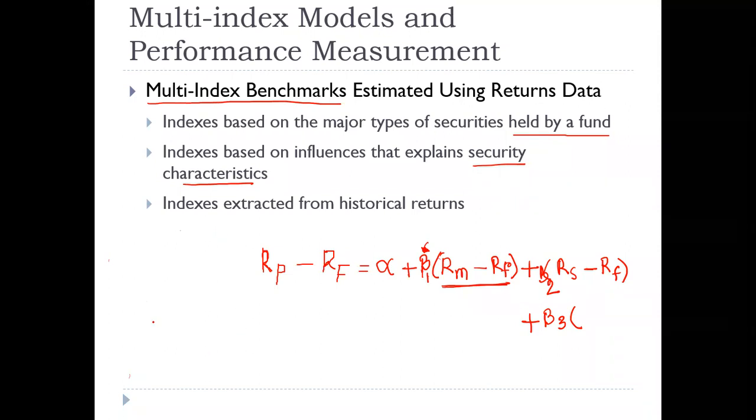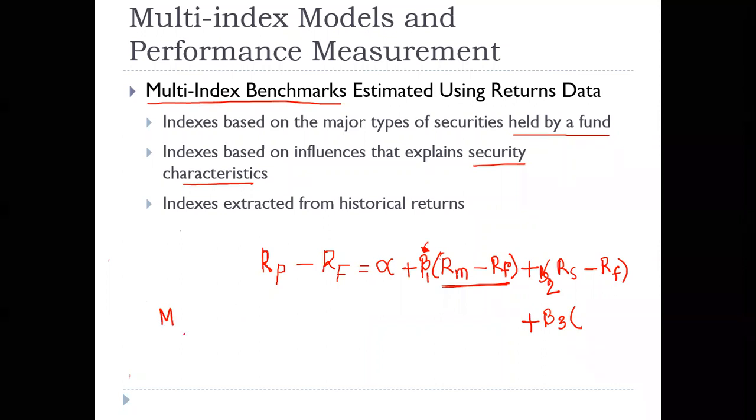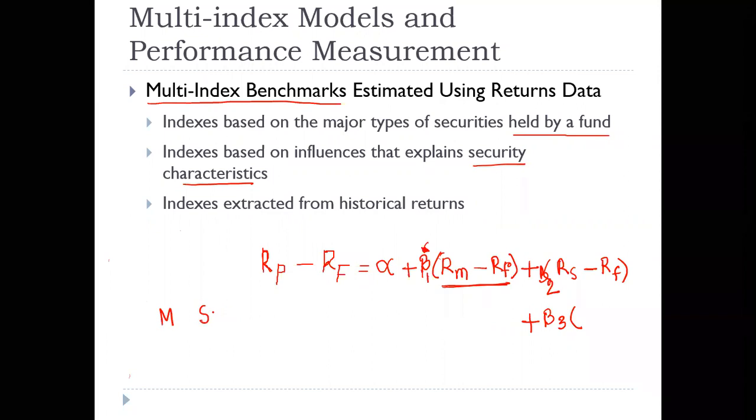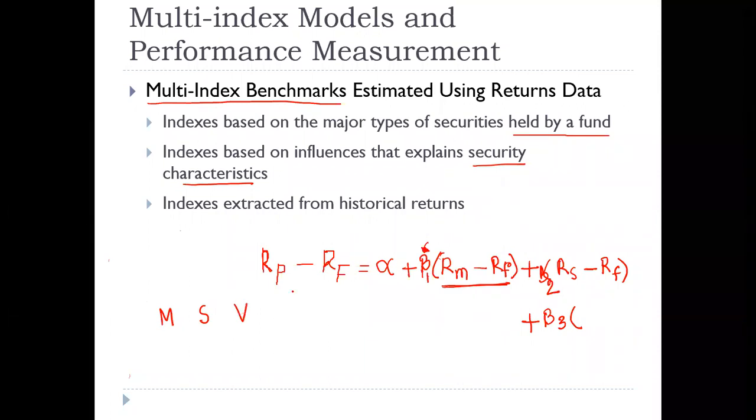For example, you have got the reason why a market index should be included, and you have to understand why a small index which represents the smallest stock return has been included, and why a value stock index which represents the return of value stock is there, and we also have talked about momentum.